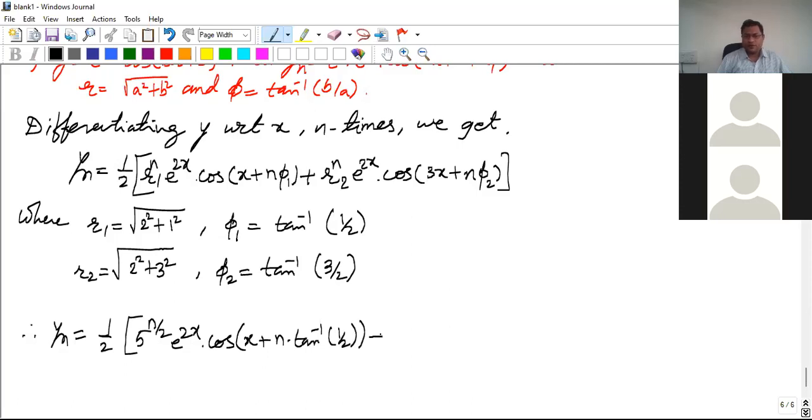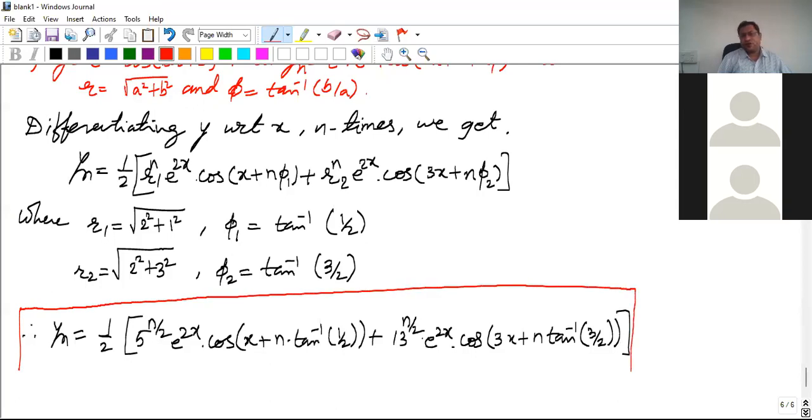Then plus, what is the value of r2? Square root of 4 plus 9, so it is 13 raised to n by 2 e raised to 2x cos of 3x plus n times tan inverse of 3 by 2. So this way we are able to get the nth derivative of the given function.